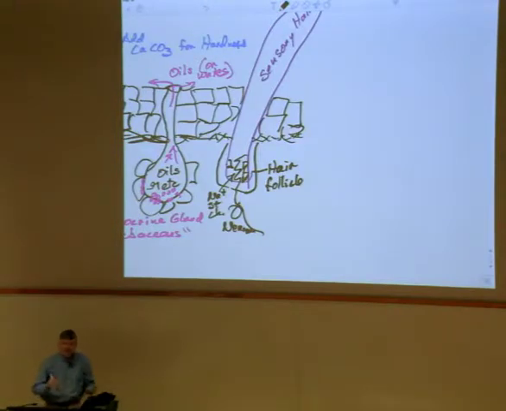Now, this structure, a hair follicle with something growing out of it, doesn't have to grow only one particular structure. A feather is essentially the same thing, except it's got a much more complex structure to it.